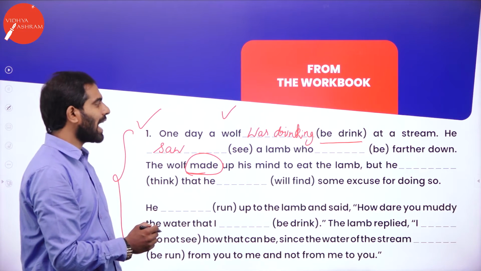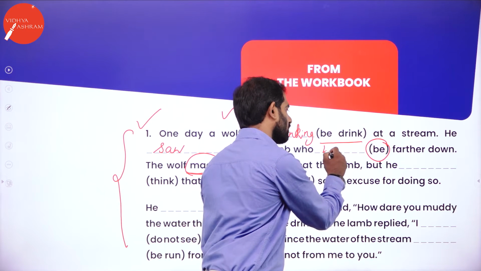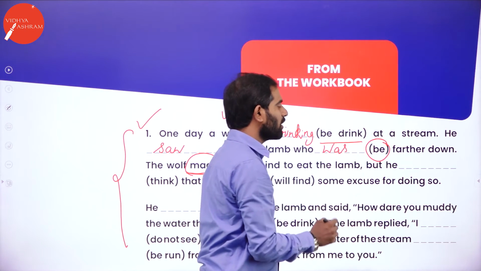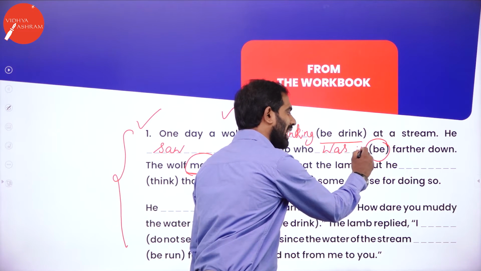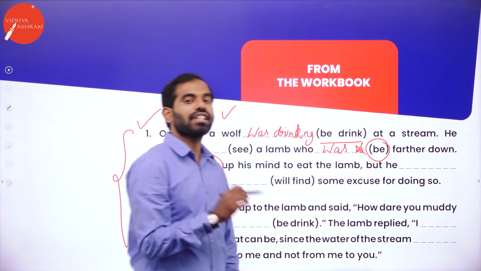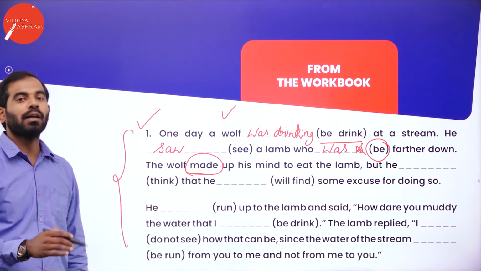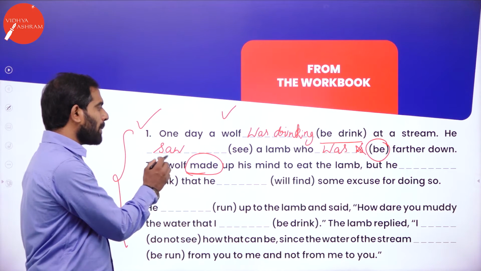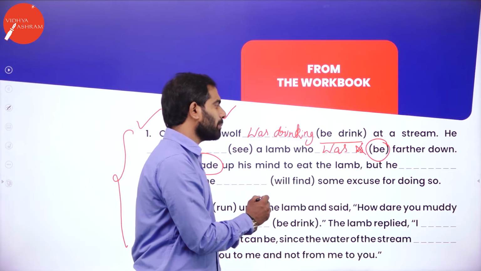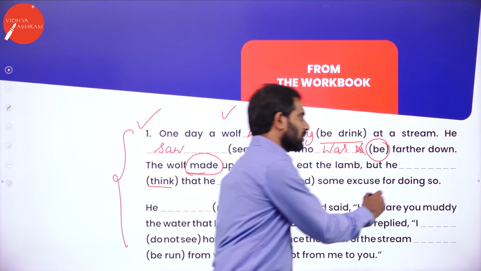He saw a lamb who, again B form, was farther down. You cannot use is or am or any other thing because it is wrong. It doesn't give you a complete sentence, a complete sense. The wolf made up his mind to eat the lamb, but he, think becomes thought.